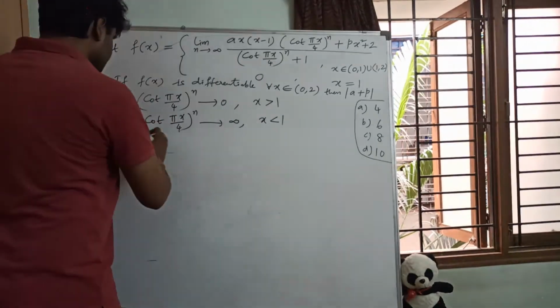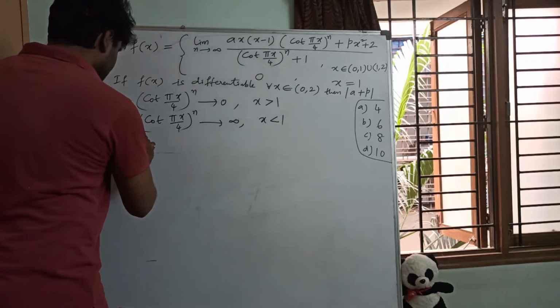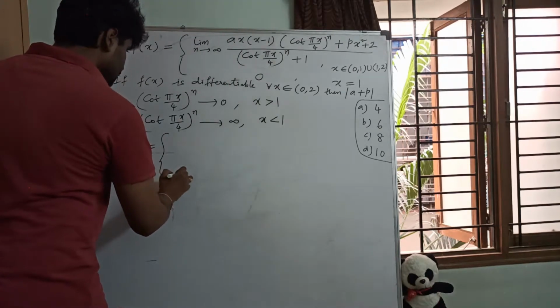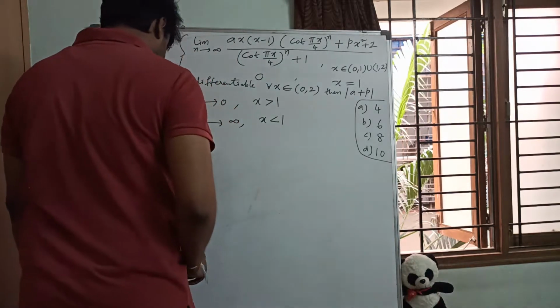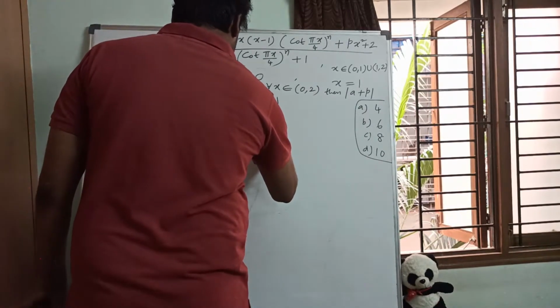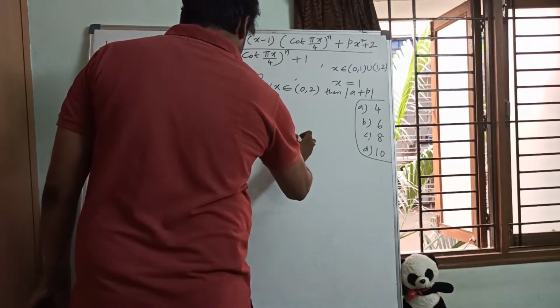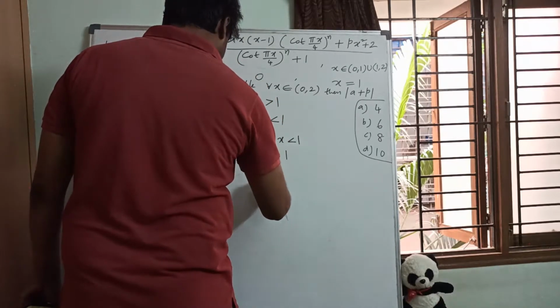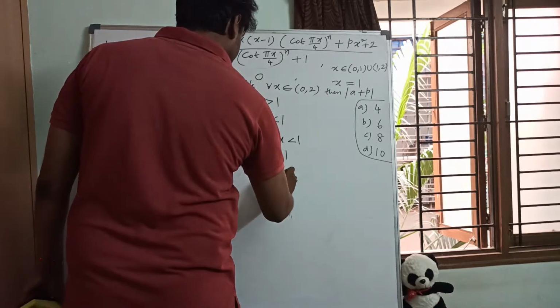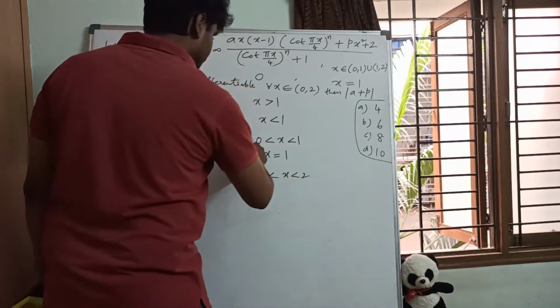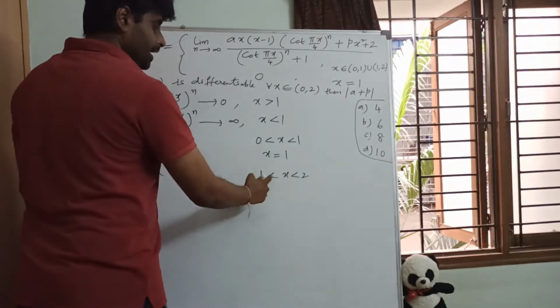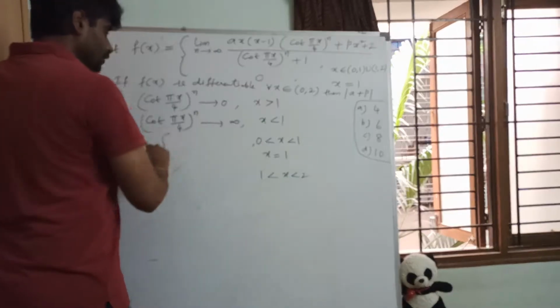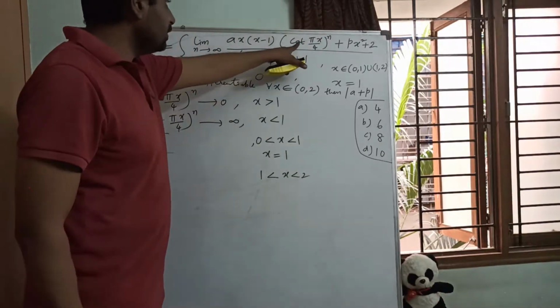Now let us simplify this function. F of x equals, let me write first, 0 less than x less than 1, then x equals 1, and after that 1 to 2. So below 1, equals 1, above 1. Below 1, this value is infinity.